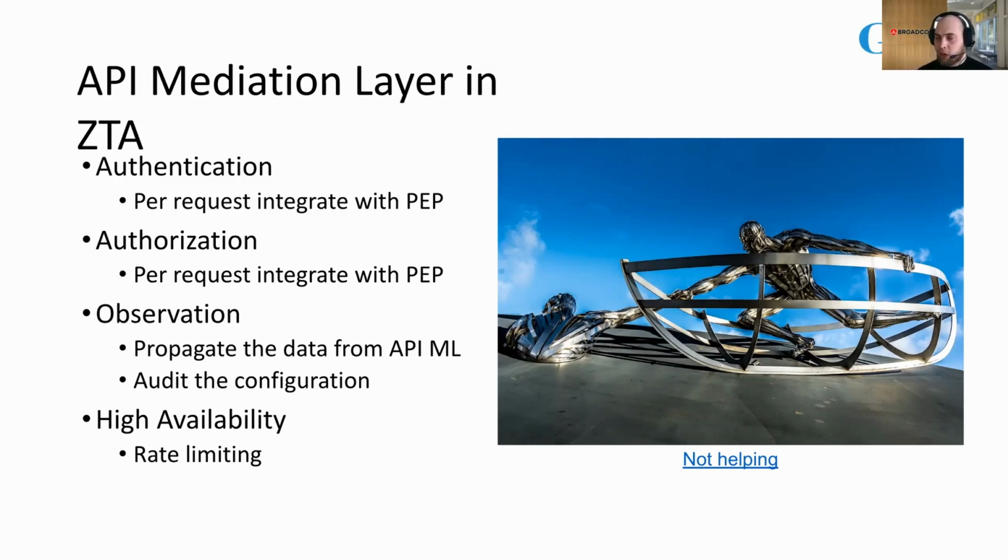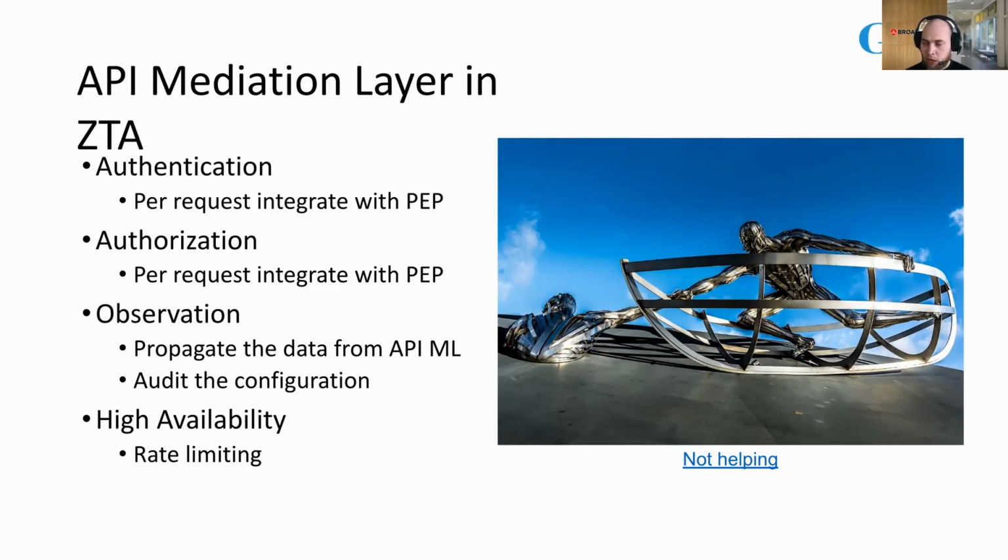As there is still no standard yet for the policy enforcement points, what's possible to do is to create an extension. We have support for internal extensions to the API mediation layer, which can call the specific policy enforcement point via your own specific protocol, and then consult properly on every authentication attempt.